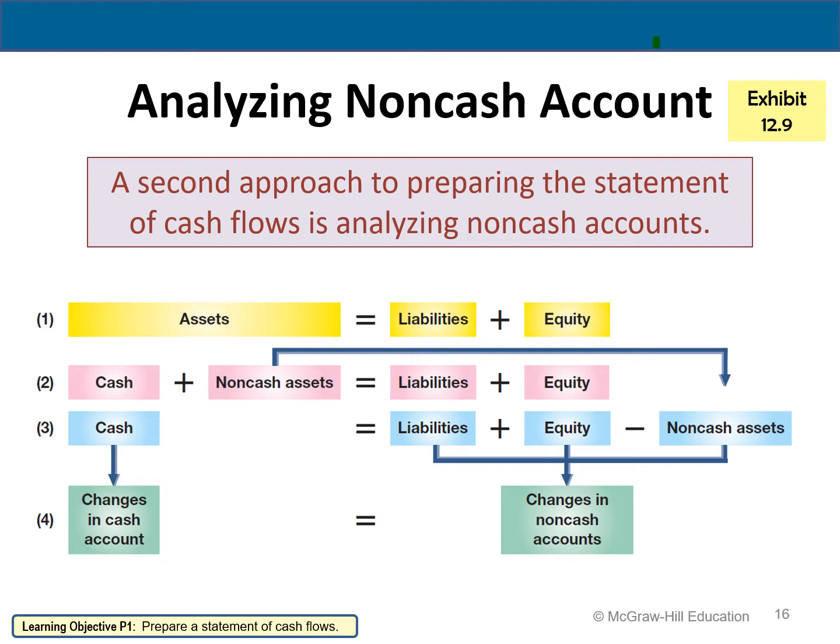If you subtract non-cash assets from both sides of the accounting equation, then it goes away here, right? Oh, red would be the better color so you can see it. So our non-cash assets disappeared here, right? And we subtracted it from over here. So then basically what you could say is that your changes in your cash account are equal to the changes in your non-cash account. So I don't know if that makes any sense to anybody or not, but if it does, use it. If it doesn't, ignore it. Okay?